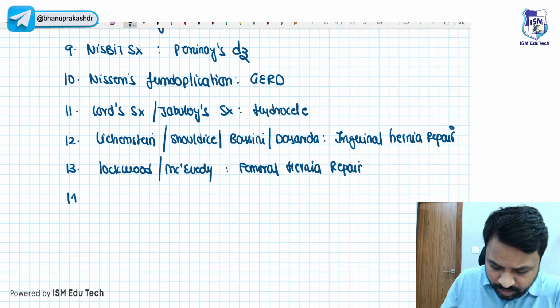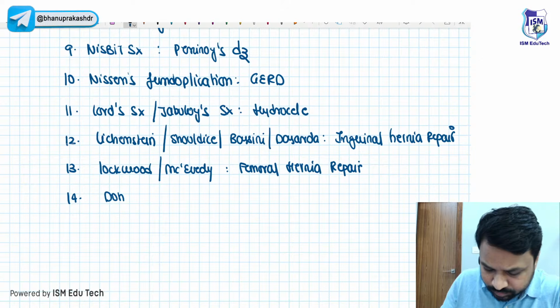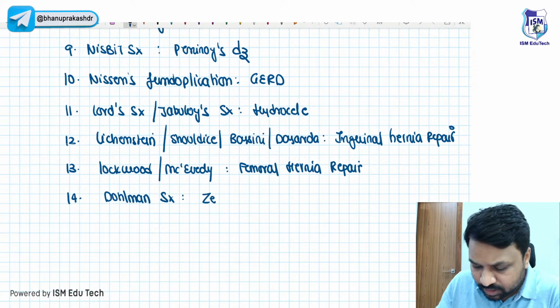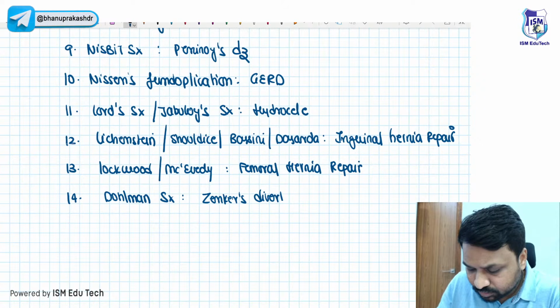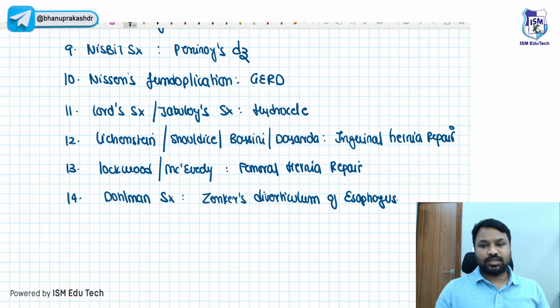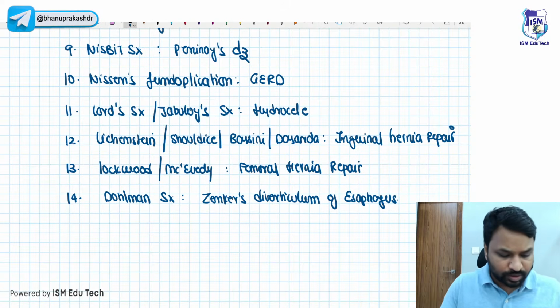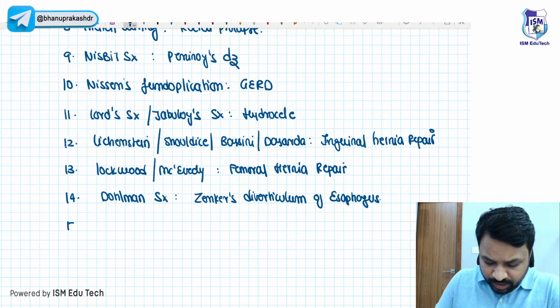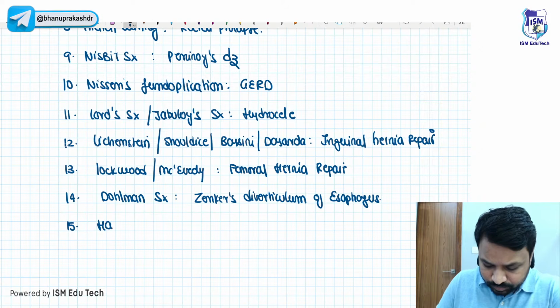Then you have the Dohlman surgery. Dohlman surgery is done for Zenker's diverticulum of the esophagus, right? Then you have Hartmann's surgery.